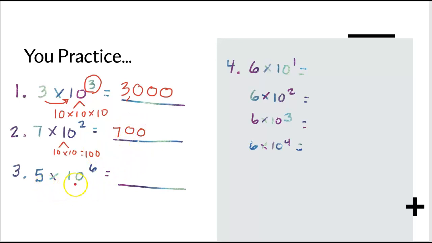Number 3, 5 times 10 to the 6. All right, this one's going to be a big number. All right, so this is really 10 times 10 times 10 times 10 times 10 times 10.